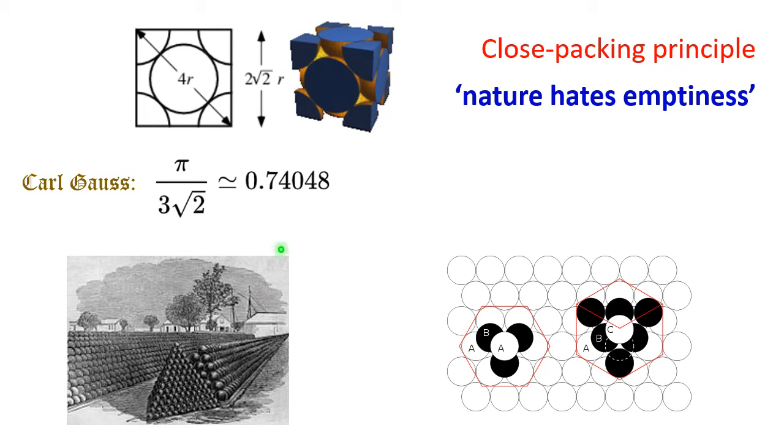The problem was theoretically solved by Carl Gauss, same Carl Gauss of Gaussian, saying that face-centered cubic cell is the closest possible arrangement where empty space is the smallest. Occupied space is 0.74. It's of course infinitely precise number, and you cannot go beyond that point.